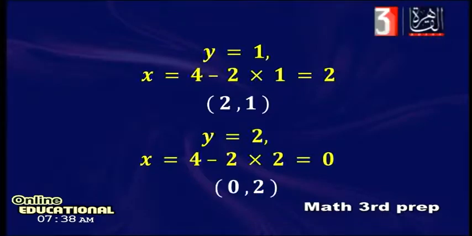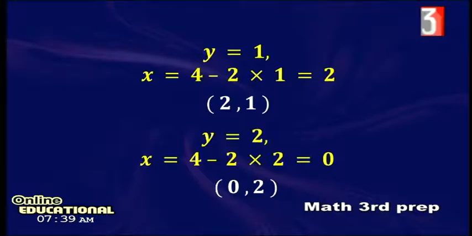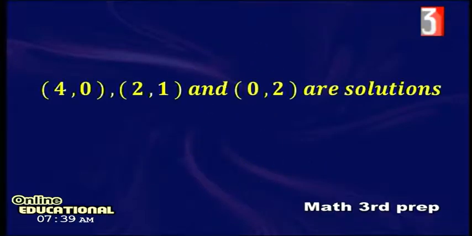You can obtain more and more ordered pairs. But the least number of ordered pairs you have to find so as to draw this relation graphically is 2 solutions. I always use 3 solutions so as to be sure that my straight line is plotted correctly. So we are going to plot this graph for the points (4, 0), (2, 1), and (0, 2). How? Like that in front of you.